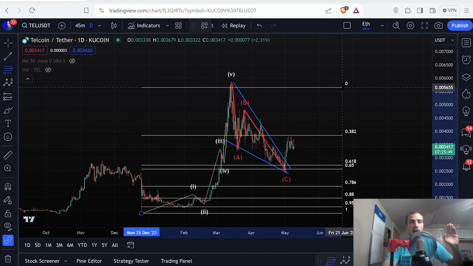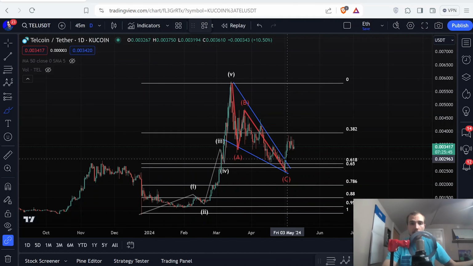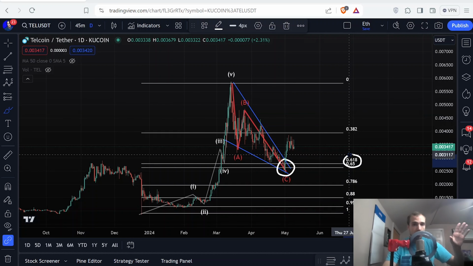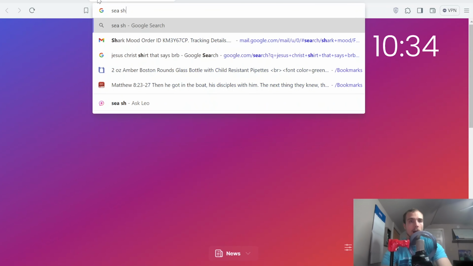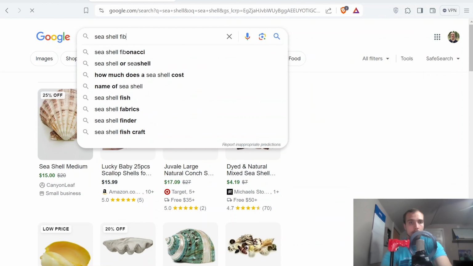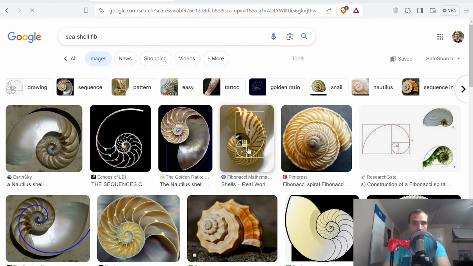Also, if we take our Fibonacci tool, you guys can see that we fell right down to the 618 level. Now the 618 level is also known as the golden ratio. If you look at a seashell, for example, you'll find this golden ratio in nature. It's called a Fibonacci ratio.